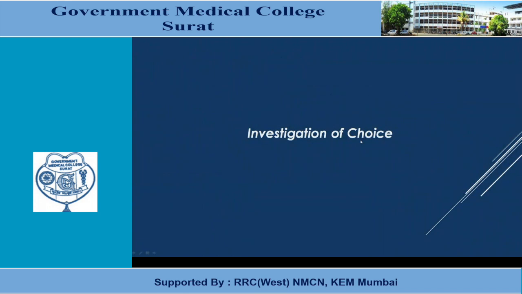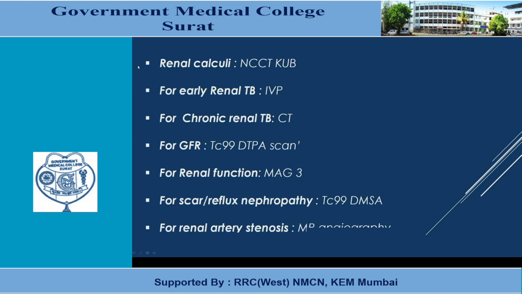So finally, the investigation of choice for the urinary system in short. If you want to diagnose renal calculi, non-contrast CT is the best modality. On X-ray, sometimes a small radiopacity can be missed on the plain X-ray KUB. For early detection of renal tuberculosis, IVP is better, but for chronic renal tuberculosis, CT is the investigation of choice.